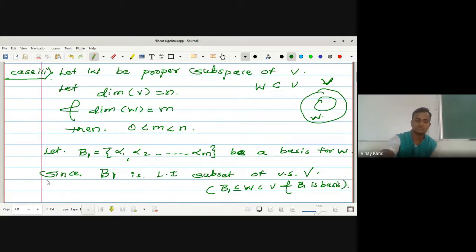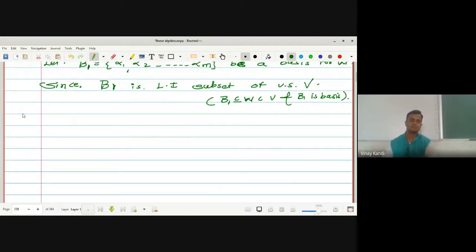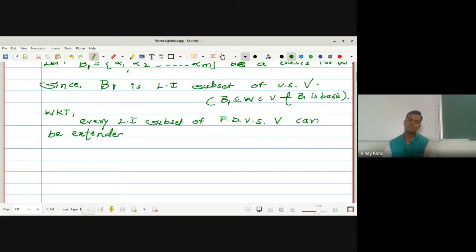Now we know that every linearly independent subset of a finite dimensional vector space V can be extended to form a basis. Any doubt?